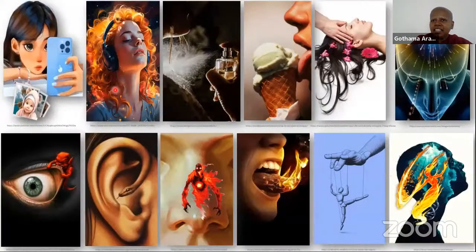So now look at your doors. Are they closed or open? We can see the pictures. Some of you forcefully open your eyes and see things. So let's see.